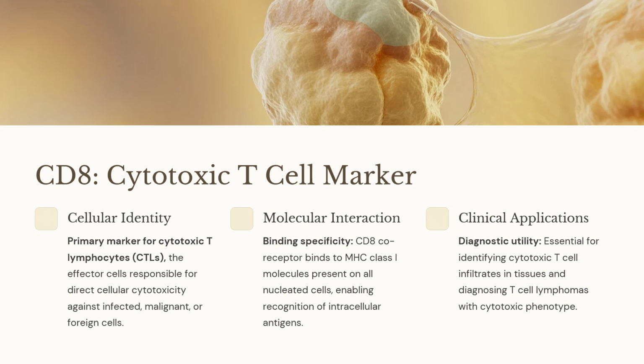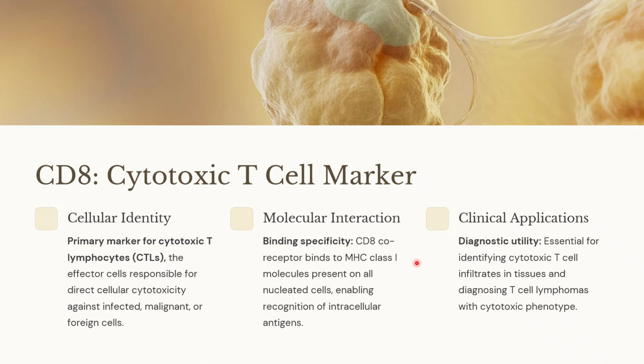CD8 is a marker of cytotoxic T cells. It is the primary marker of cytotoxic T lymphocytes. These cells are the effector arm of the immune system, responsible for directly destroying target cells. Which cells do they act on? Virtually all nucleated cells in the body express the MHC class 1 molecules.